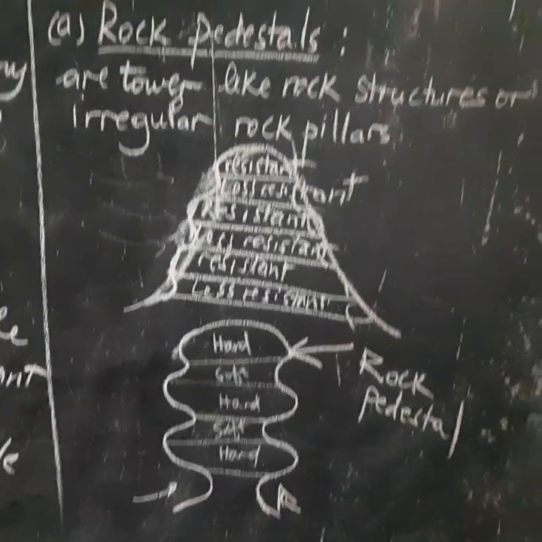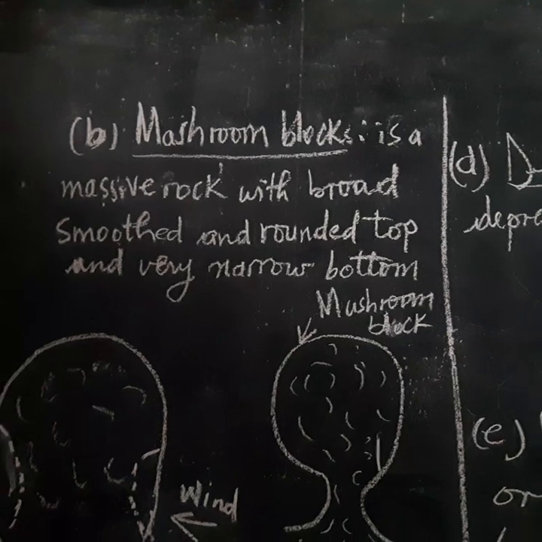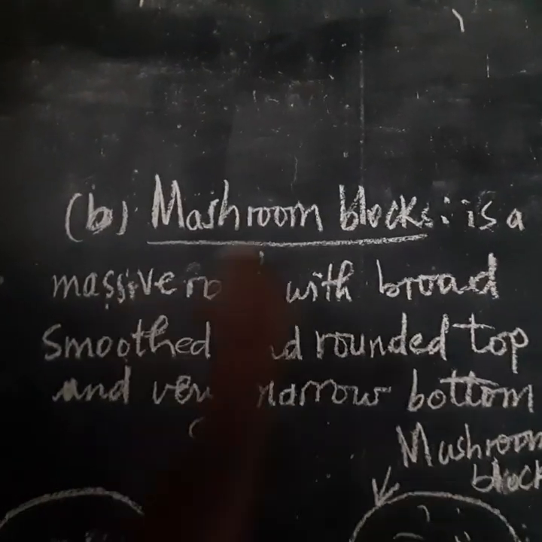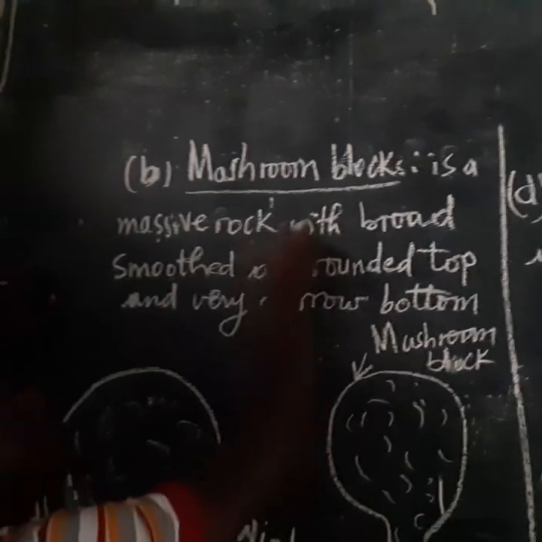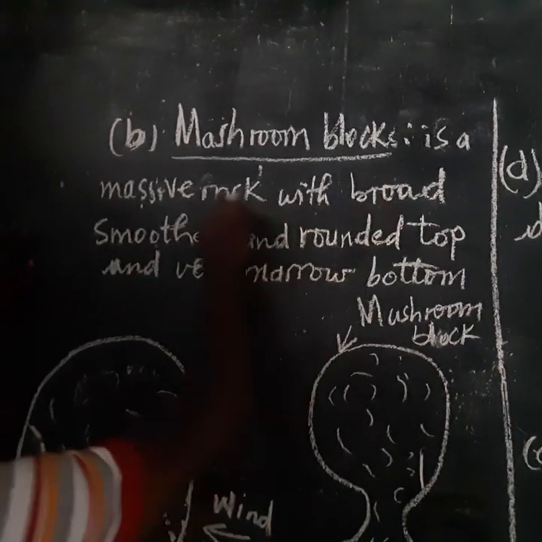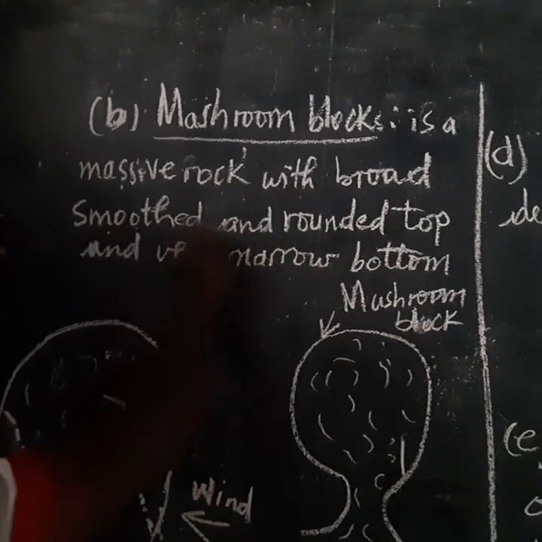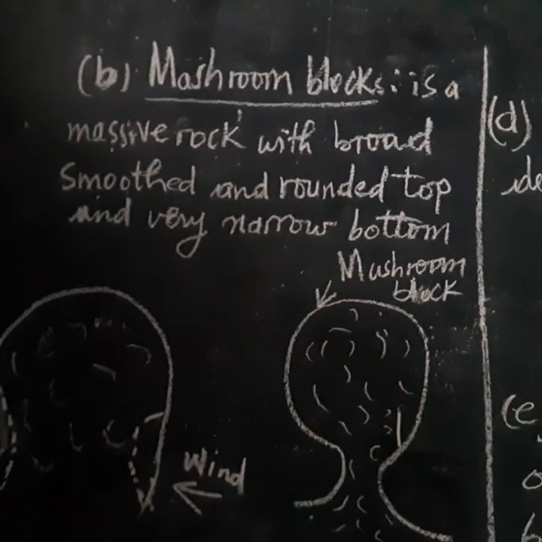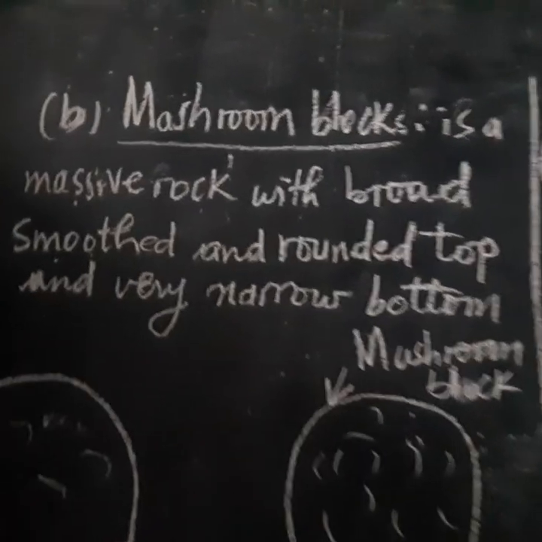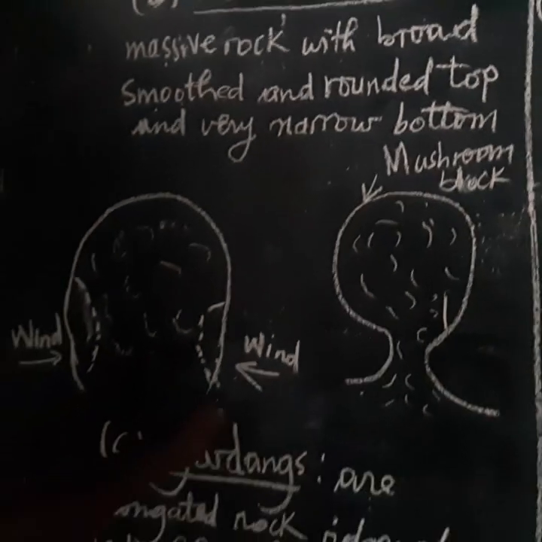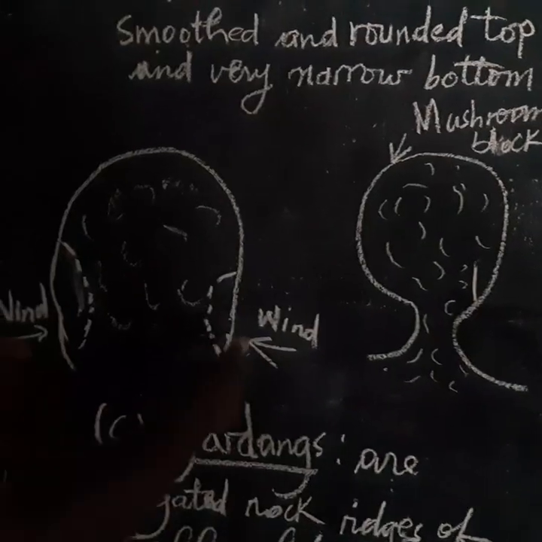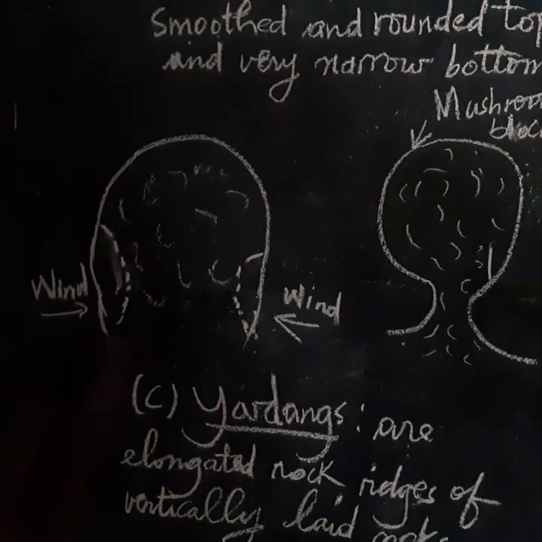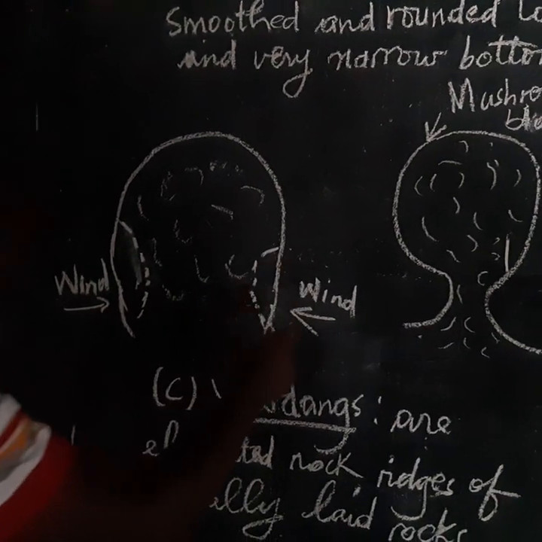We go to the next, the mushroom block. A mushroom block is a massive block with broad, smooth and rounded tops and very narrow bottom. We have a very big rock, and when the wind acts upon the bottom of the rock, the bottom gets broken.